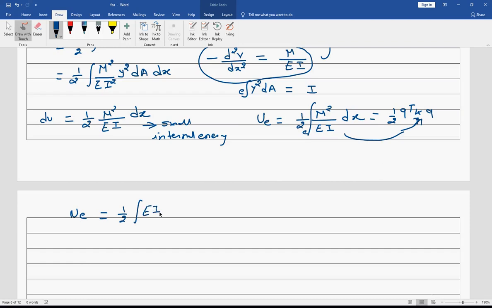So integration EI I write it and I square this and square this. So I can write d2V by dx whole square, and EI I have taken outside because numerator and denominator I have squared up, and this will be dx. So now this is my challenge basically.